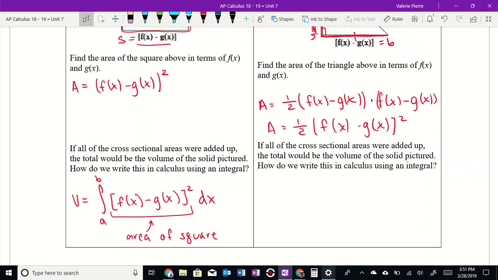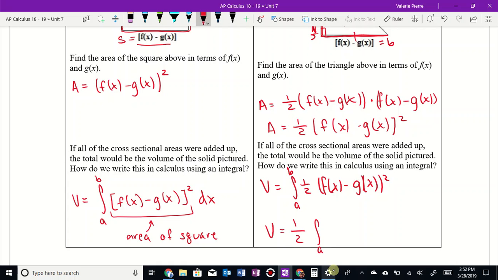And once again, if we add up all of those cross sections, we get that the volume is equal to the definite integral from a to b of 1/2 times f of x minus g of x, squared. And we can bring that 1/2 out, and we get volume is equal to 1/2 times the definite integral from a to b of f of x minus g of x, squared.